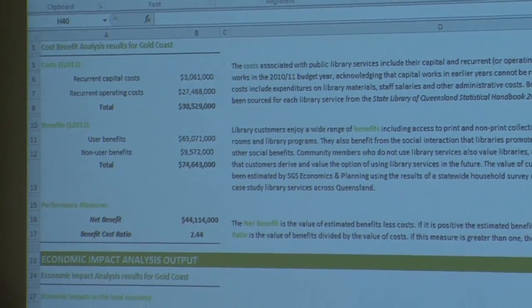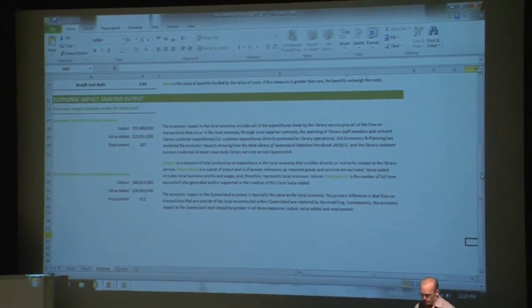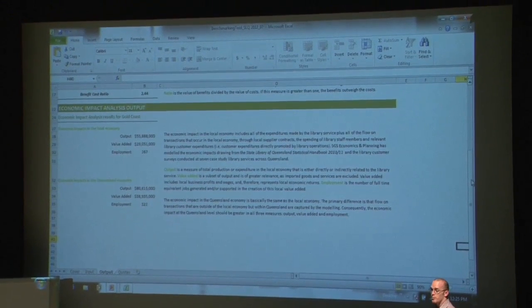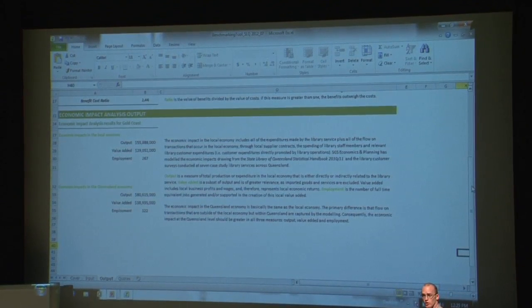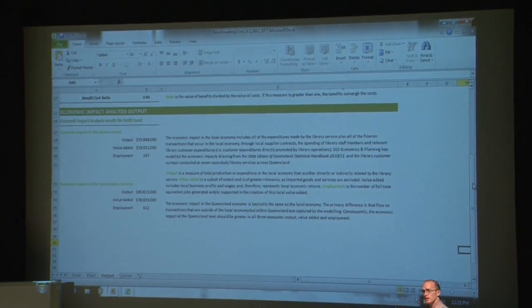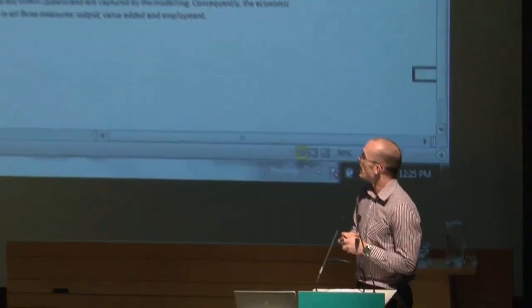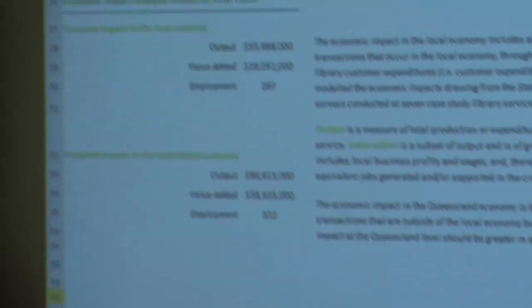And you'll also see the economic impact results below, showing both the impact to the local economy, so the local economy would be the municipality, so the Gold Coast local government, and also the impact of that specific library service on its own to the wider Queensland economy. So, from an output perspective, $55 million from the costs of operating and also those triggered user expenditures, and a value added of 29 million, and employment of 270.